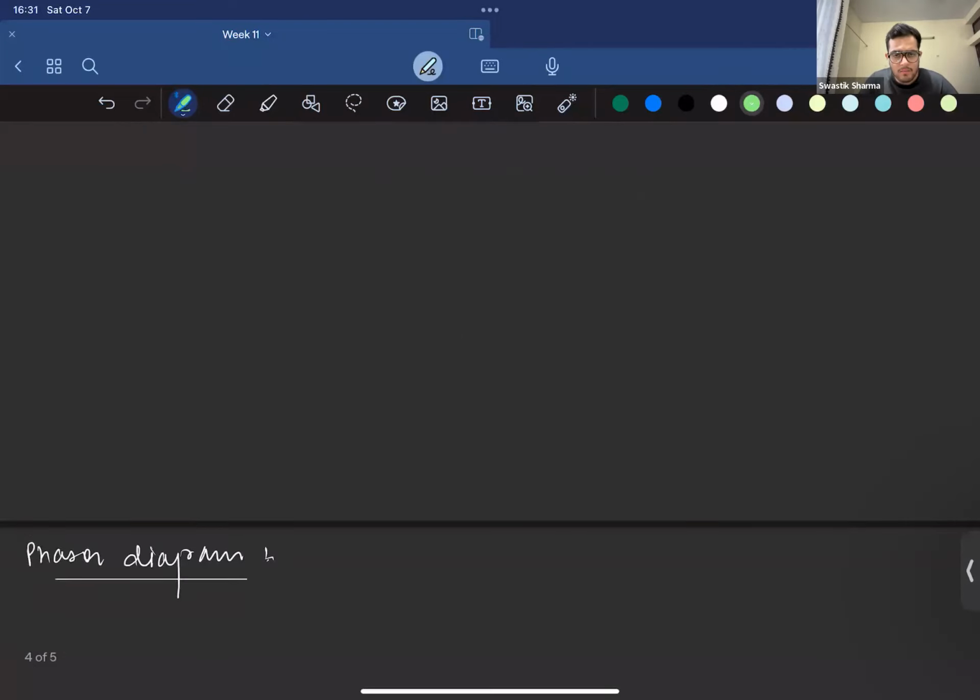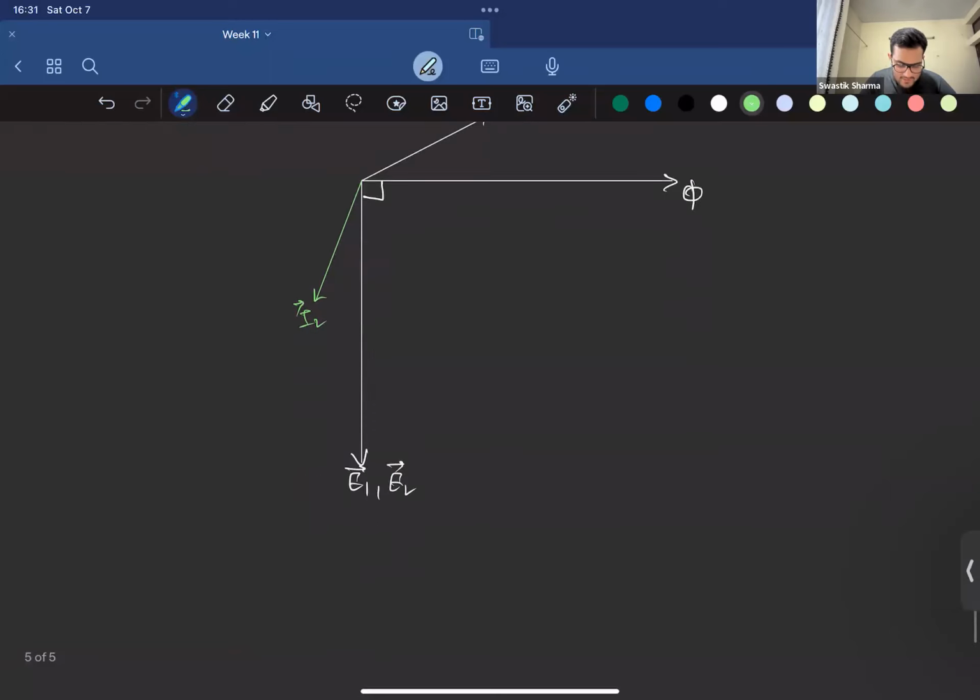So I was saying, how can we depict this on the phasor diagram? That's the main motive that we want to do right now.